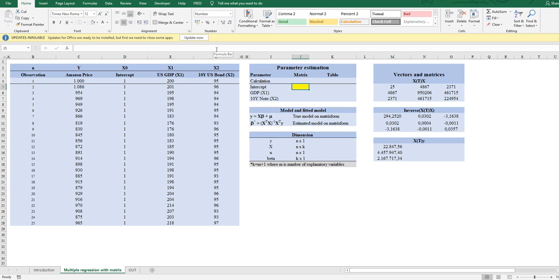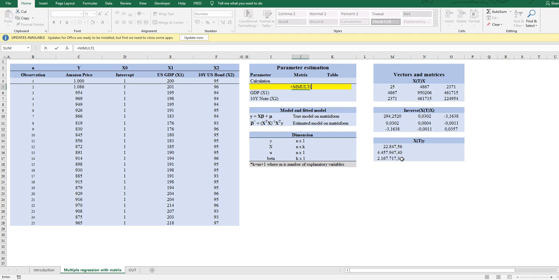I will now try to insert it here, and remember, the way the vector is built is with the beta 0, the intercept first, and then beta 1, and then beta 2. When I multiply these three expressions, I get a 3 times 1 vector.